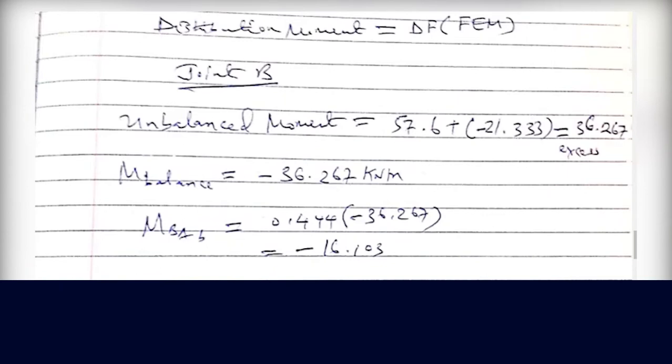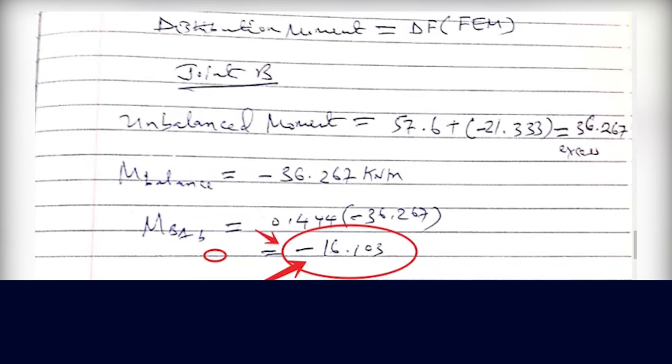Once you multiply, the balanced moment for member BA should be a negative value of about negative 16.103 kilonewton meter.